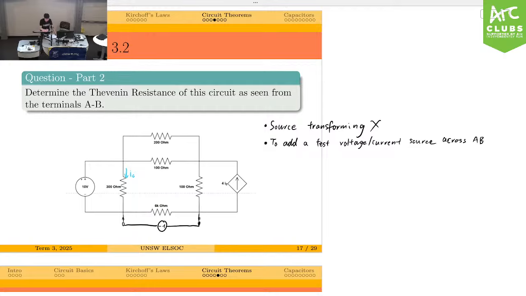And of course, we short circuit any voltage source we have here, which is 10 volts. So that works. But the third method, which is my favorite, is to find the short circuit current, basically the Norton current, and find RTH from there.